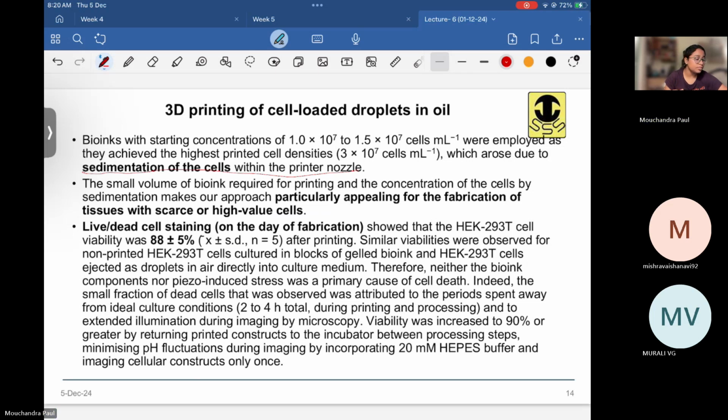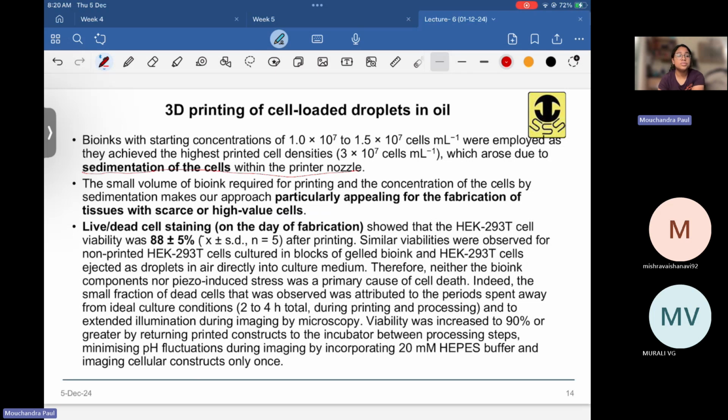All right. What could be the cause of the cell death that they're observing? It is not yet 95, right? It is close to 88%. So what could be the cause in drop in cell number? It could be because the cells have spent a large amount of time away from the ideal conditions. You need some time to prepare the cells, bioink and all, so it may take like 2 to 4 hours in total.